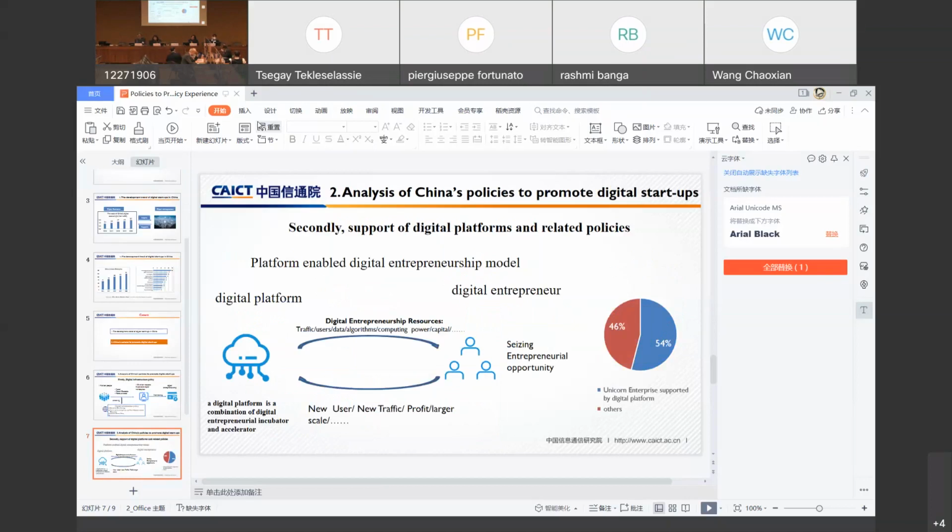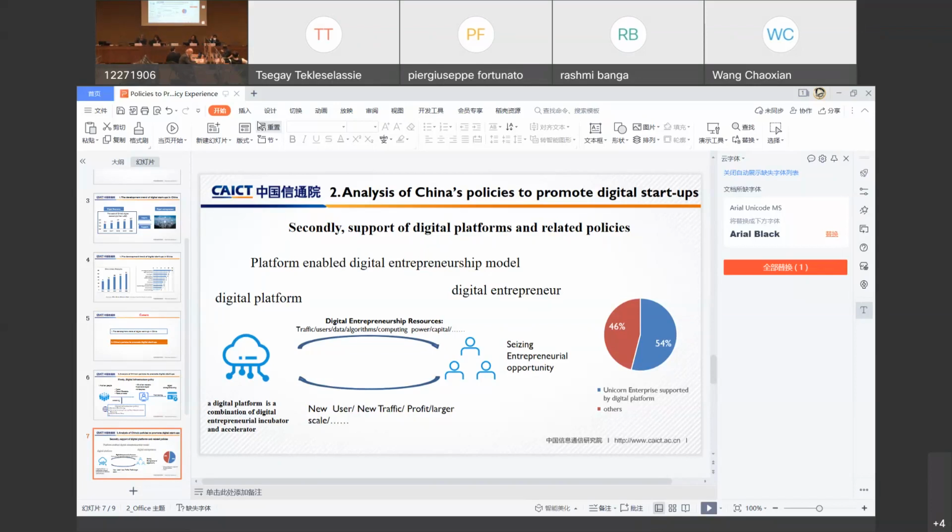During the process of platform-supported entrepreneurship, once entrepreneurs have insight into opportunities, they can quickly obtain entrepreneurial resources such as traffic, data, algorithms, computing power, capital, and market provided by the platform. So the whole entrepreneurship process is more convenient and has a higher success rate.